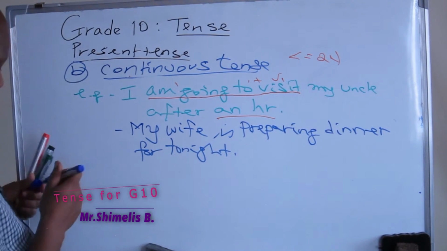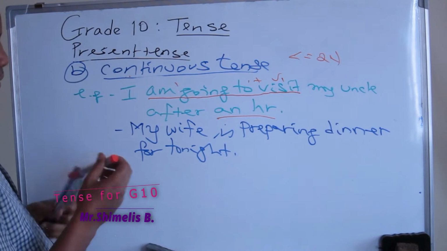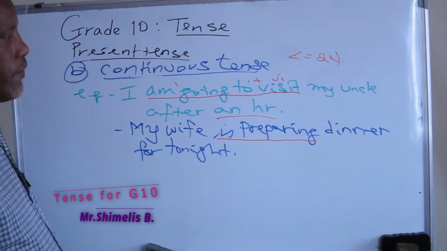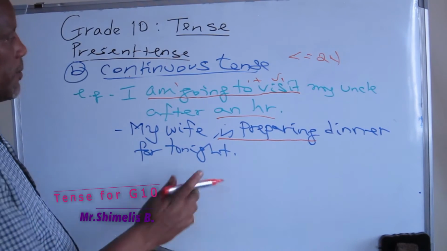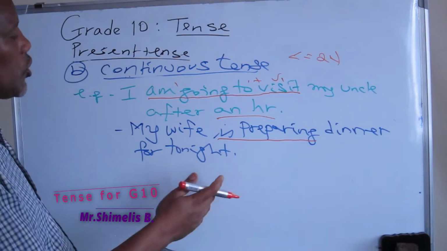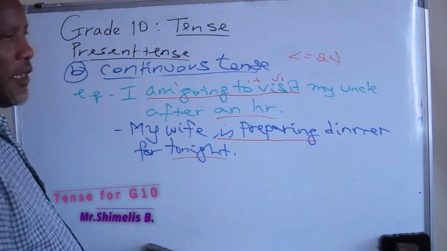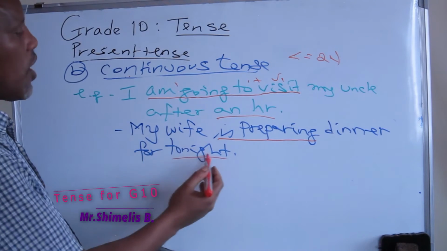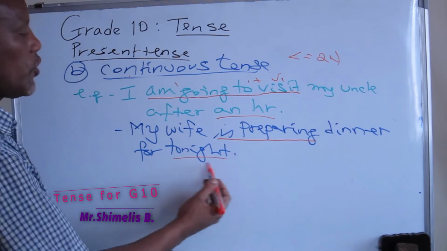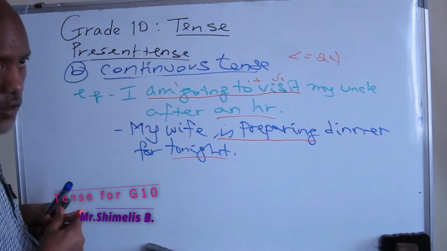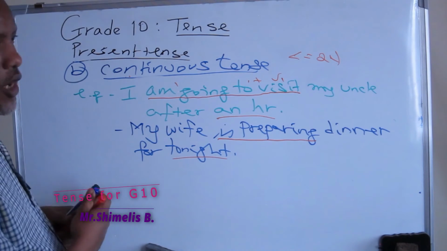So my wife is preparing. As you can see, this is a present continuous tense verb, but it is used to express a near future action, plus it is like a future arrangement because it says tonight. It's a future arrangement. My wife is preparing dinner for tonight. So such actions are either near future actions or future arrangements.